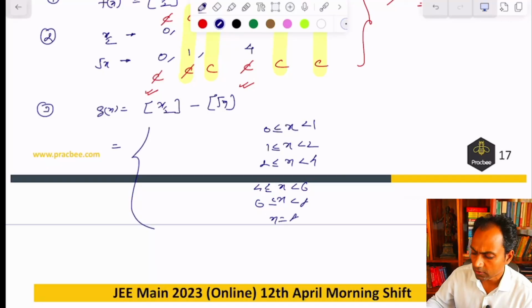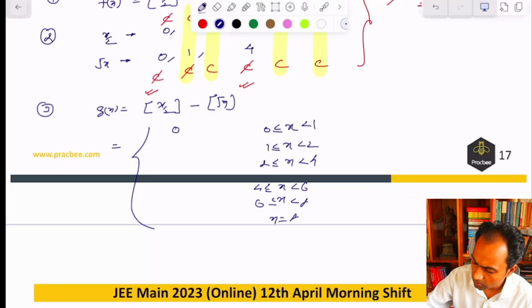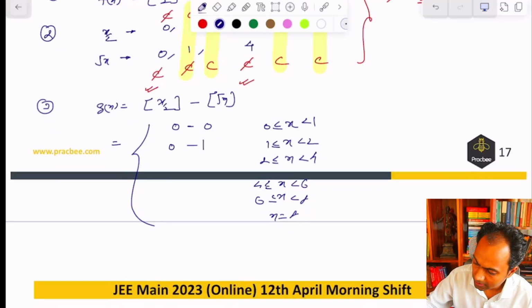Between 0 and 1, you can see that both of these functions are going to be 0. This becomes 0 minus 0. At 1, you can see that this is still 0, but this will become 1. Between 2 and 4, the first function will become 2, but the second function will remain 1. Between 4 and 6, this will become 2 and this remains 2 thereafter.